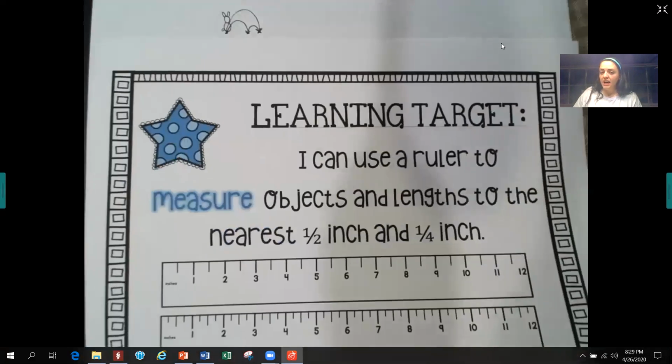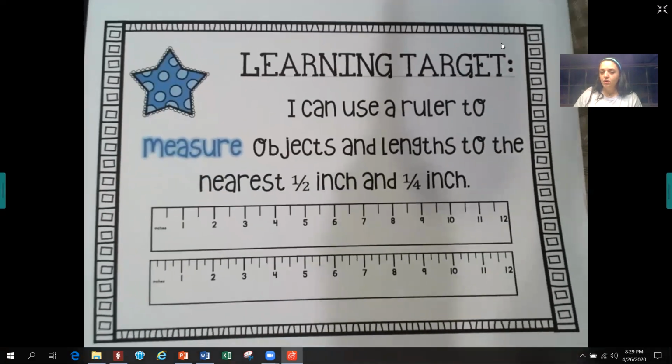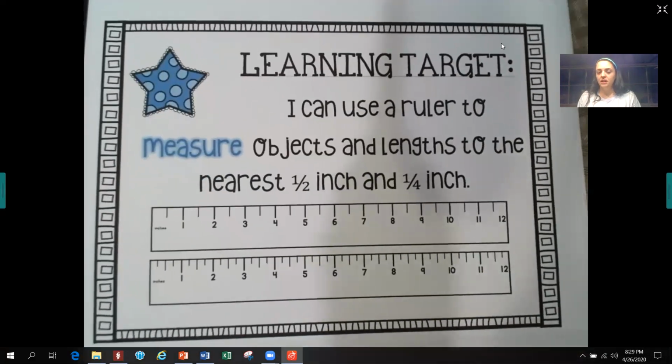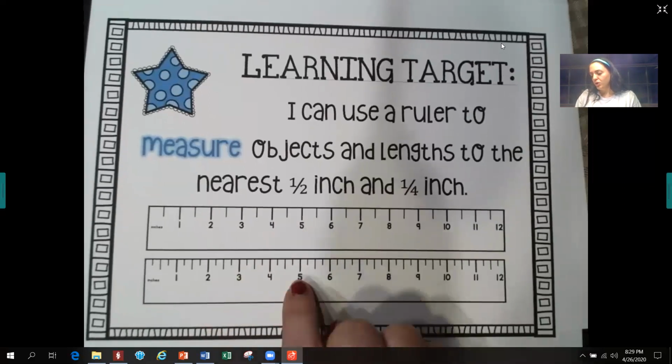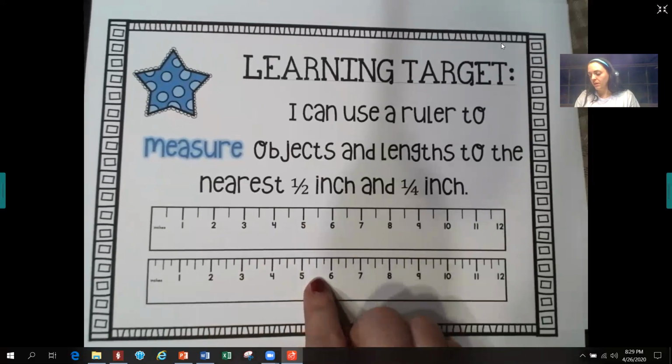And our learning target for today is: I can use a ruler to measure objects and lengths to the nearest half inch and quarter inch. 1/4 and 1/4 are the same thing. So I have two rulers here on my sheet.